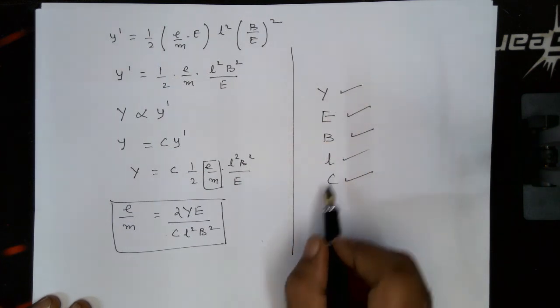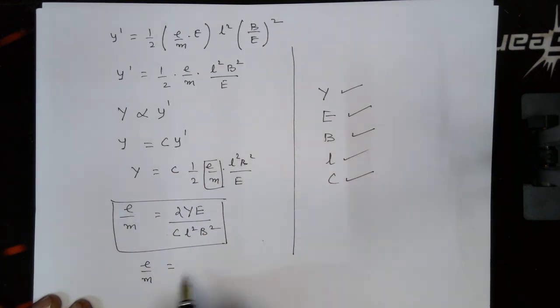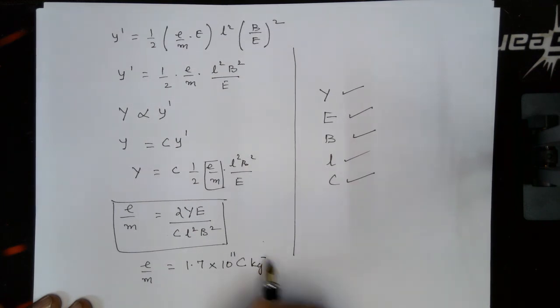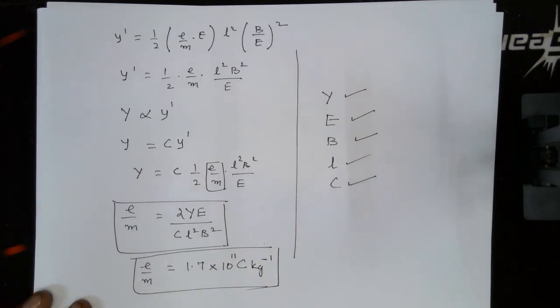By knowing all these values, we can calculate e by m as 1.7 into 10 power 11 coulomb per kg. So this is the value of specific charge of electron.